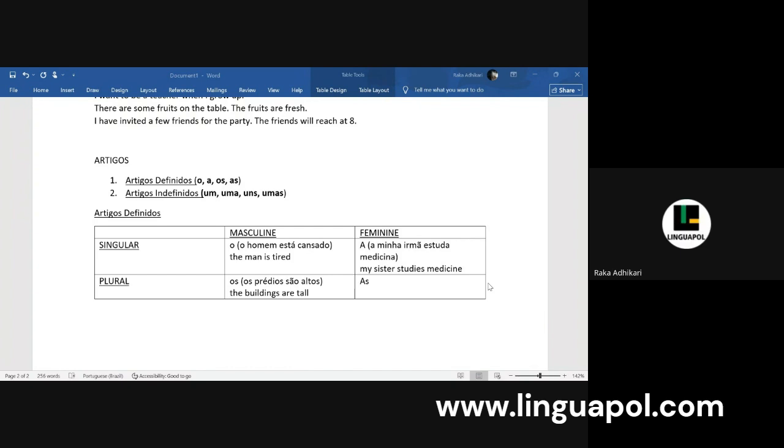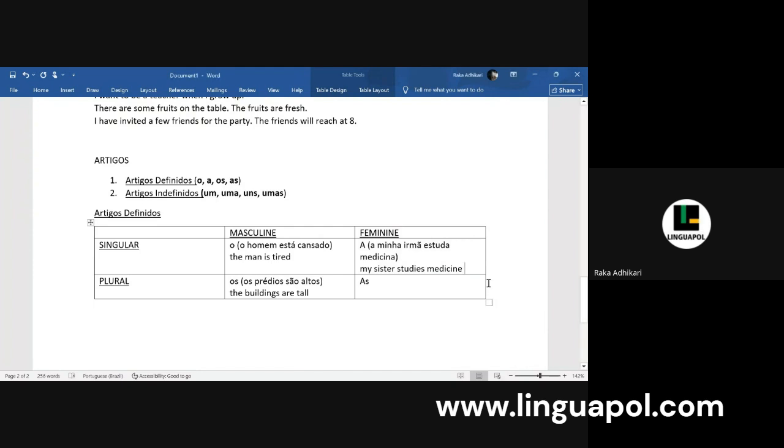Because ma'am, she's talking about her sister who is particularly studying medicine. Okay, but any other reasons, anyone?